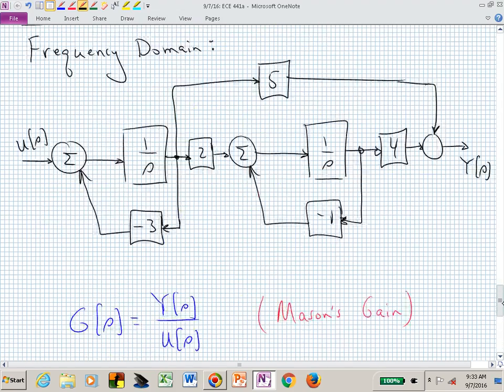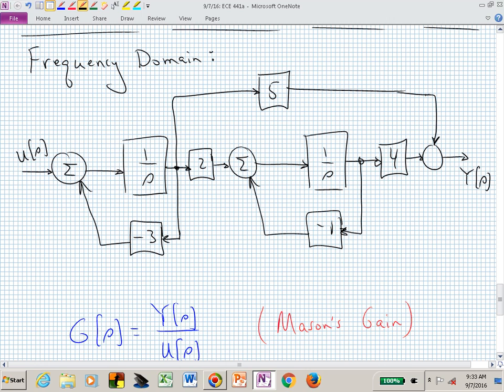Paths are all of those unique paths from the input that, without crossing itself, ends up at the output. Meaning, I could create one path that went straight through there. And I would then identify the gains and all of the, let's say, rational expressions that make up that particular path.